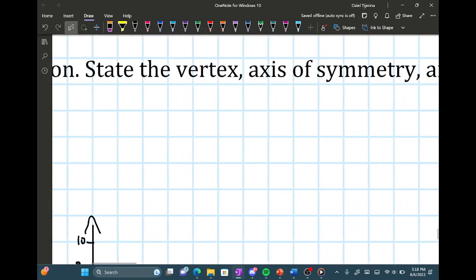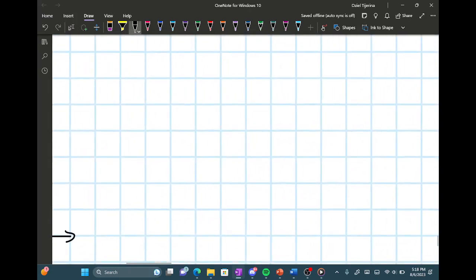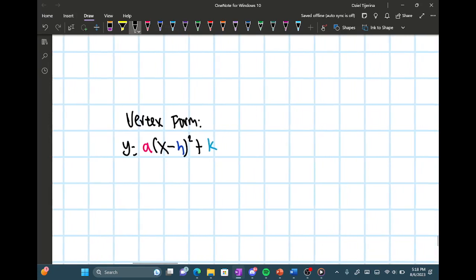If you remember from algebra, the vertex form is f of x, or in this case y, equals a times the quantity x minus h quantity squared plus k. So we know that our vertex would be h comma k.